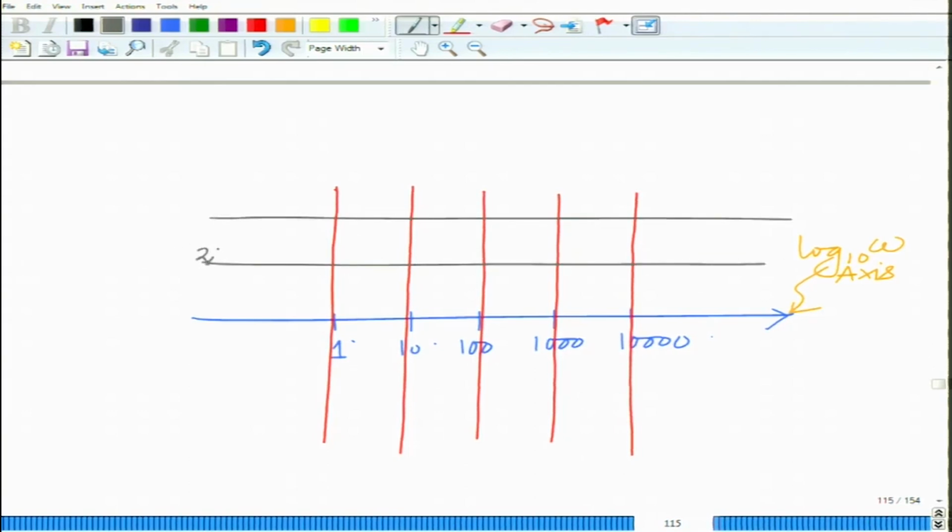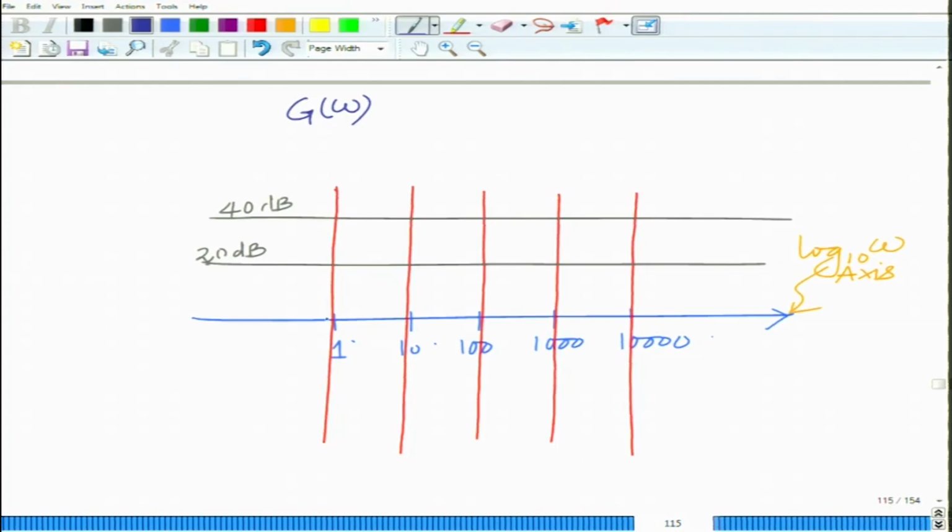So, this is your, let us say, 20 dB, 40 dB. So, for omega very small, that is omega much smaller than 100, we are plotting g of omega versus log of omega.